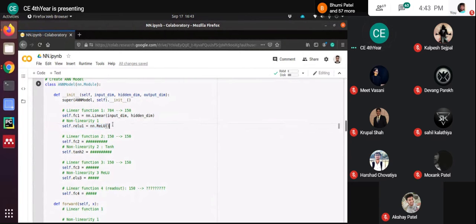Right. So now your role is to fill the remaining layers. And remember that we are just creating the layers. There are no connections. So we just have the layers FC1, ReLU1, FC2, Tanh2, FC3, ReLU3, and FC4.